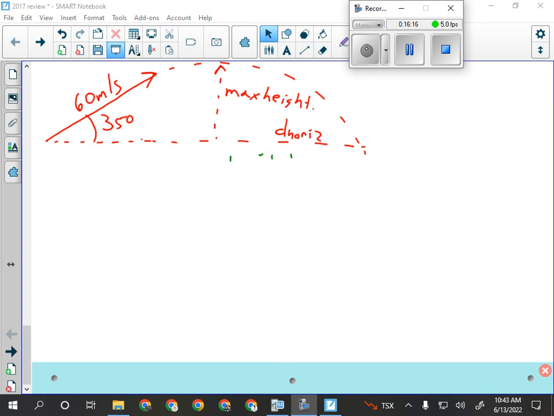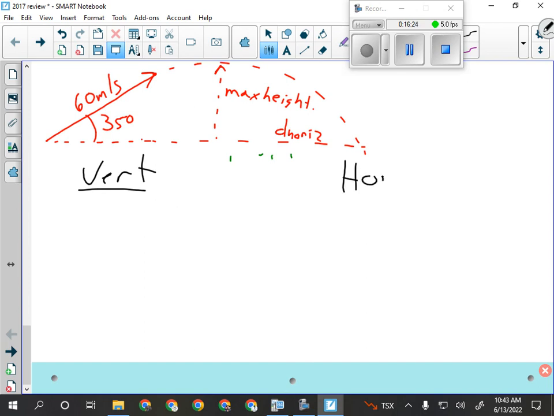All right, so with an angled projectile motion question, or with any projectile motion question, we still want to break this up into its vertical and horizontal parts. What we know vertically, first off, is that the acceleration is negative 9.81 meters per second squared, or 9.81 meters per second squared down. We can calculate our initial vertical velocity because it will be this side of the triangle.